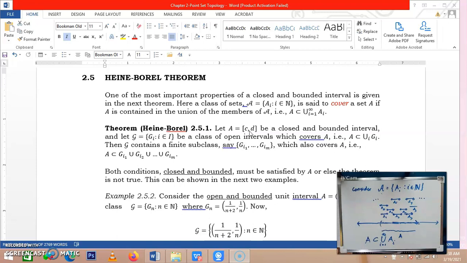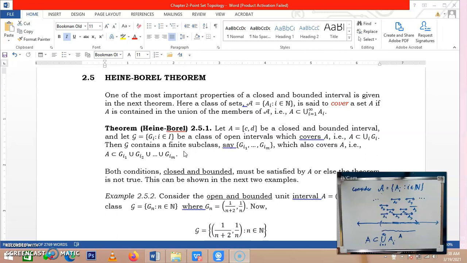Now take note here, for the Heine-Borel Theorem, our condition for a set A should be a closed and bounded interval. If the set is neither closed nor bounded, we cannot use this theorem. We cannot conclude if the class contains a finite subclass in that case, so we cannot apply the Heine-Borel Theorem.